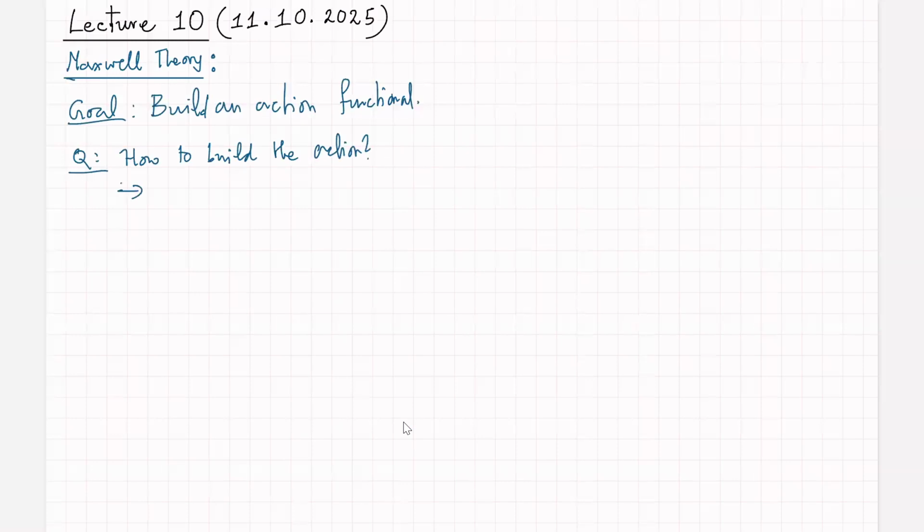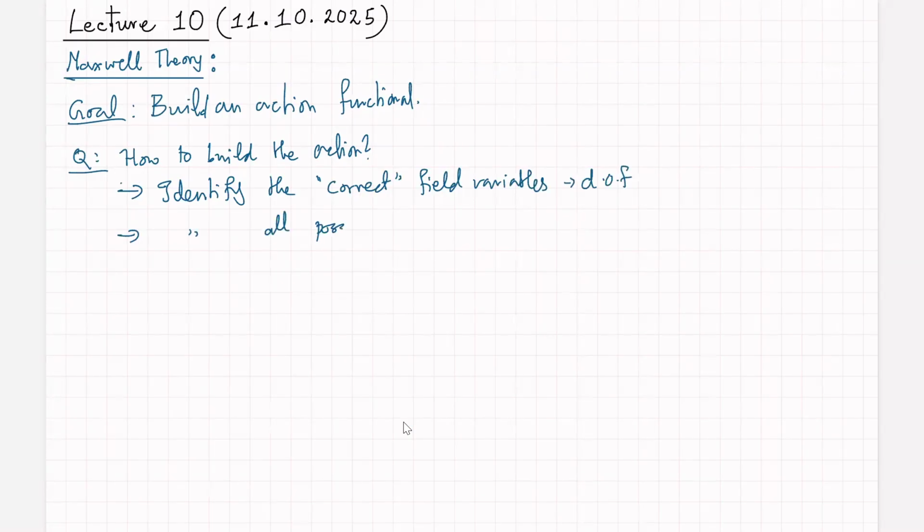So the first step is to identify the correct field variables that will capture the degrees of freedom of our theory. The next step would be to identify all possible symmetries that we expect our theory to have.